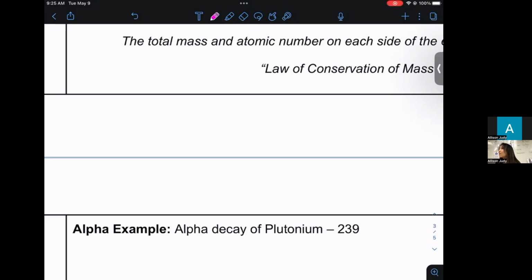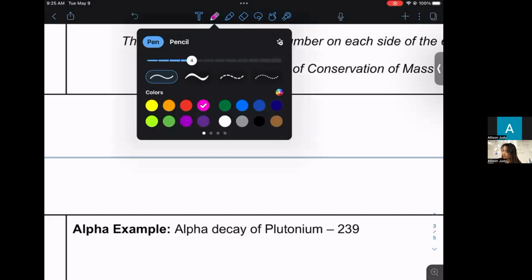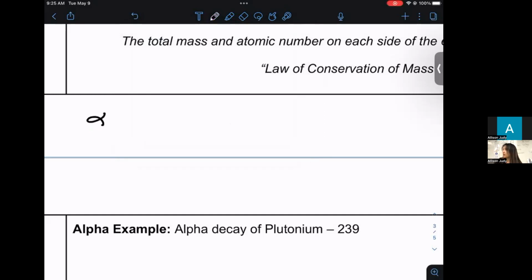What's the particle that alpha decay always releases?